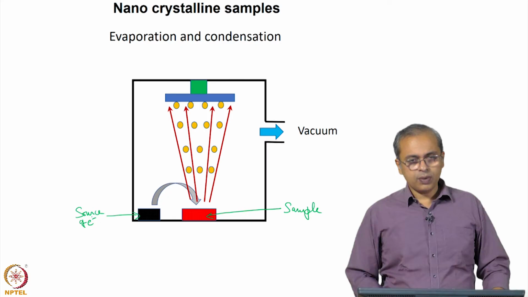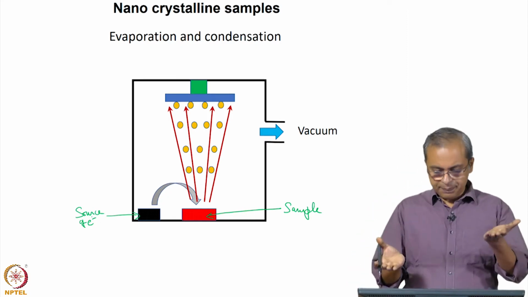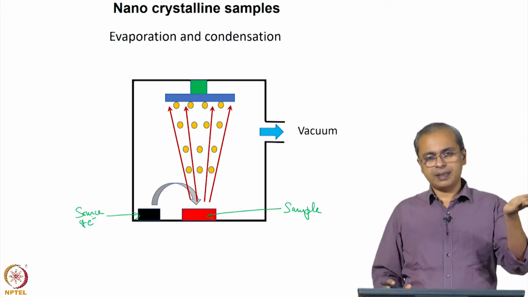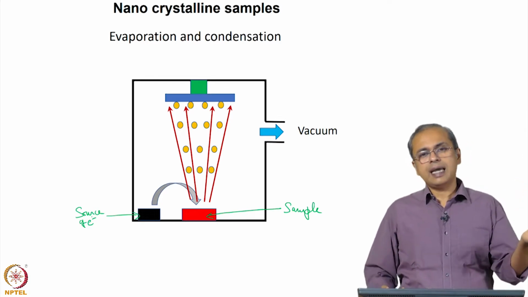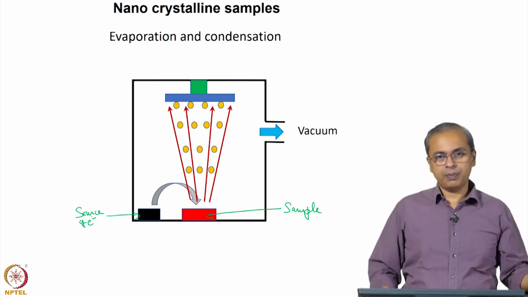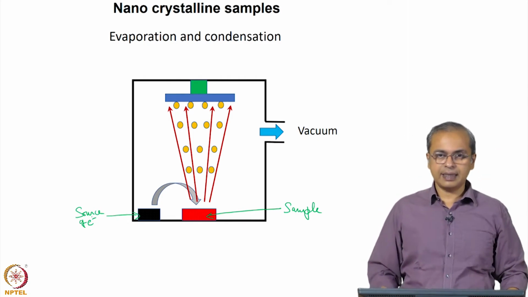If you charge the sample versus the source of electrons appropriately, electrons will get off the source and get accelerated, and they will hit the sample, which you keep at a positive potential.